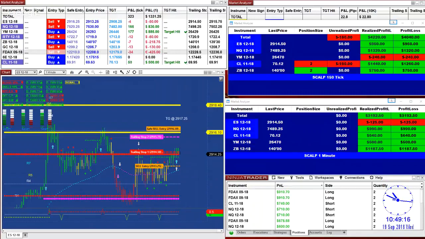We're waiting on a new signal, and right now this market is sideways. And there is no more news for today, so there is nothing left for today to concern us with the news. We're okay. We'll see.